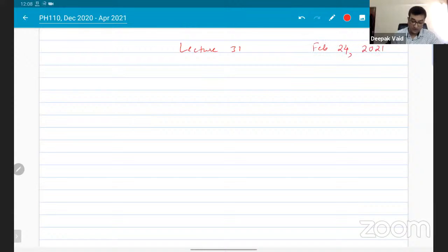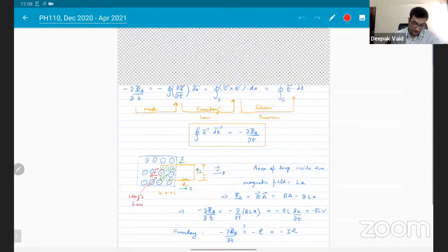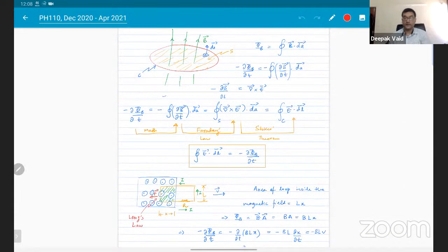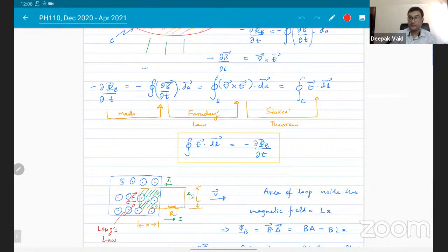Right. So, in the last class, we talked about Faraday's law. Faraday's law is the statement that if you have a changing magnetic flux or changing magnetic field, it generates an EMF, an electromotive force. It generates an electric field.